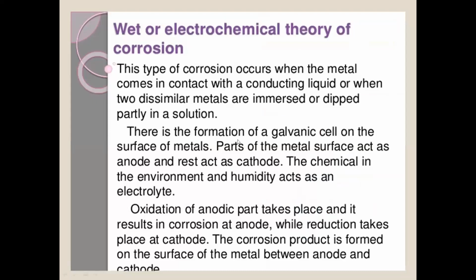Due to electrochemical corrosion, there is formation of a galvanic cell on the surface of the metal. Parts of the metal surface act as anode and the rest act as cathode.